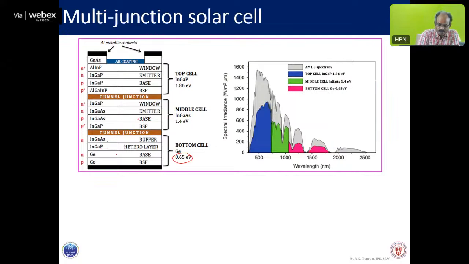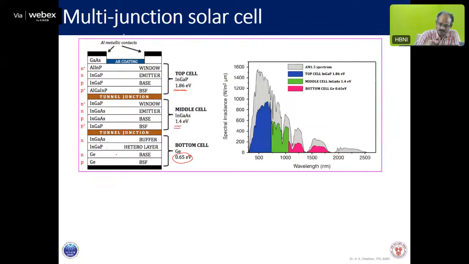Now in the middle level, you have indium gallium arsenide emitter and base, and then you have a window, and at the top you have indium gallium phosphide emitter and base. The band gap of the top is nearly 1.86, and the band gap of the middle is nearly 1.4.